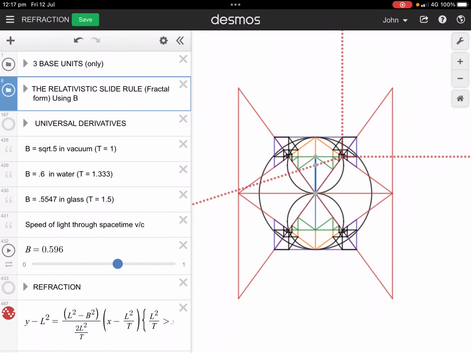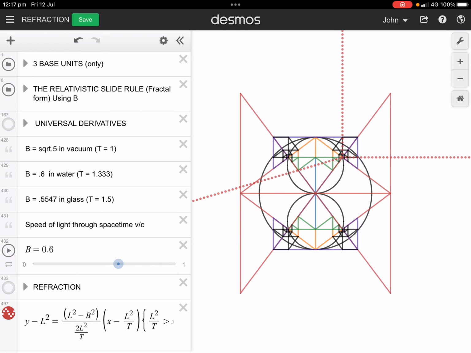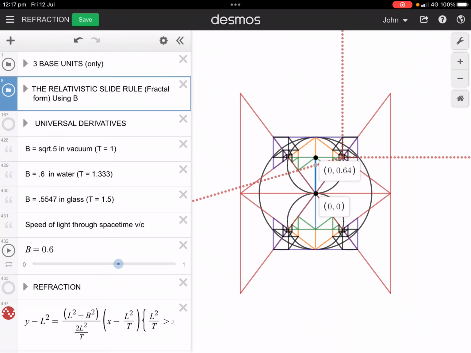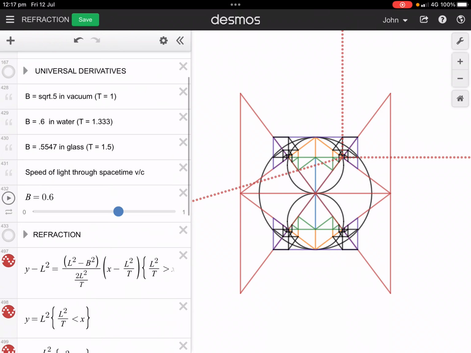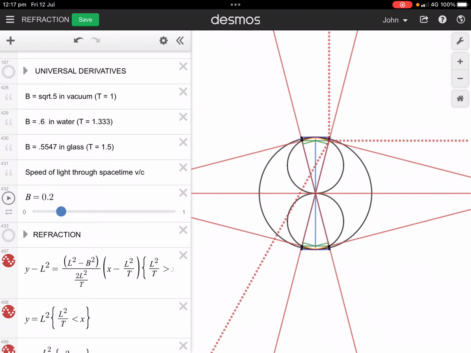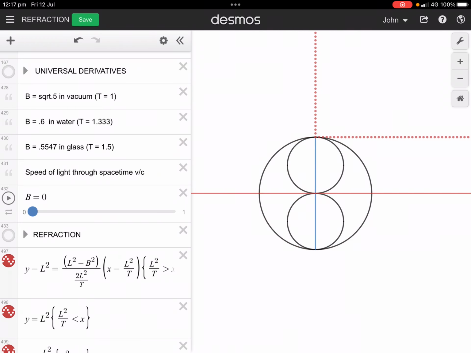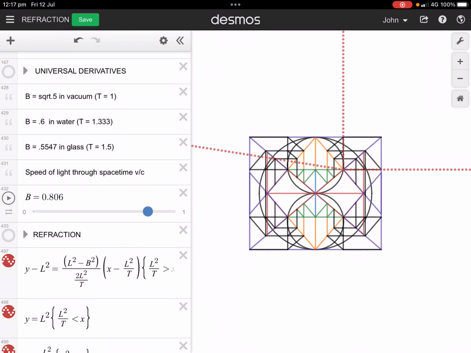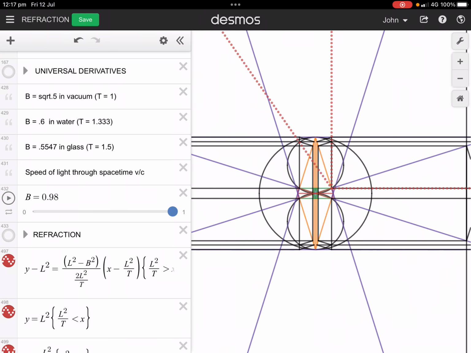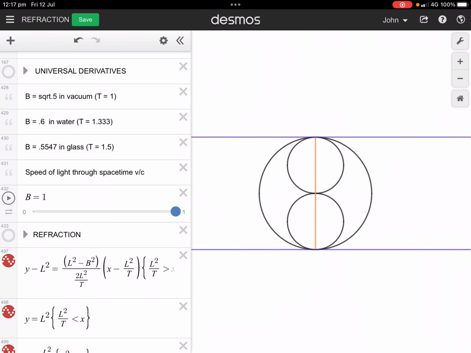So for a velocity of 0.6, the probability of collapse is 0.64, or 64% probability of collapse, and it increases to 100% probability of collapse there, and the spin half particle rotates around 180 degrees and 0 probability of collapse there.